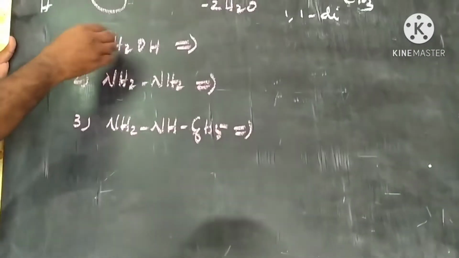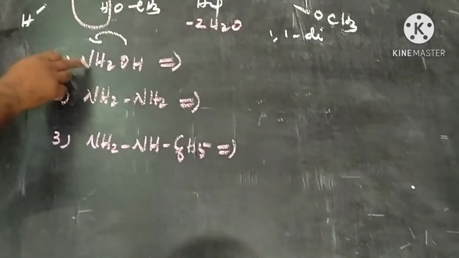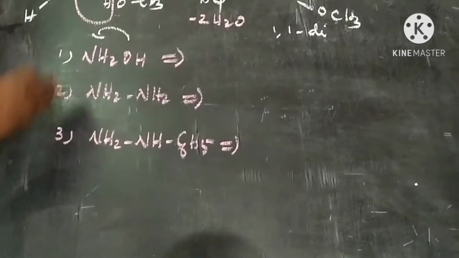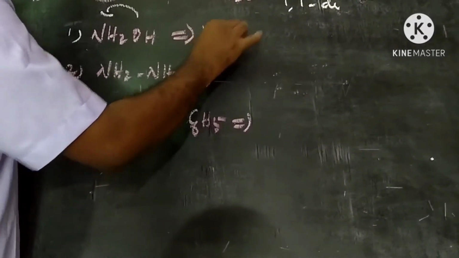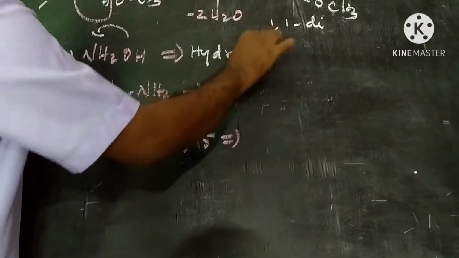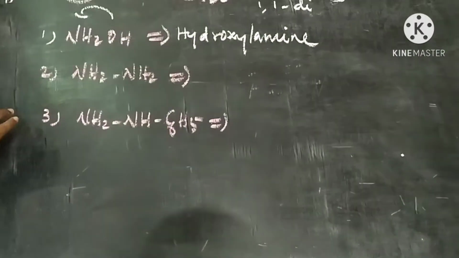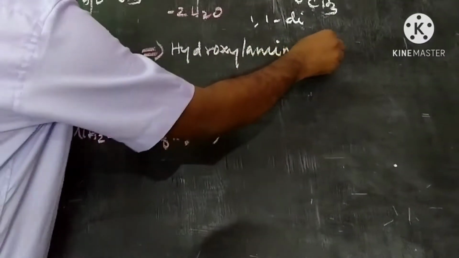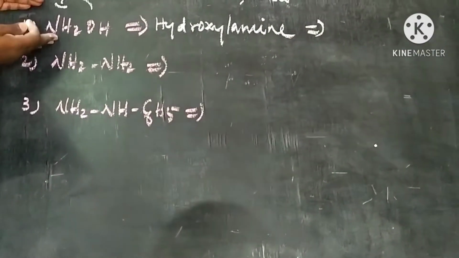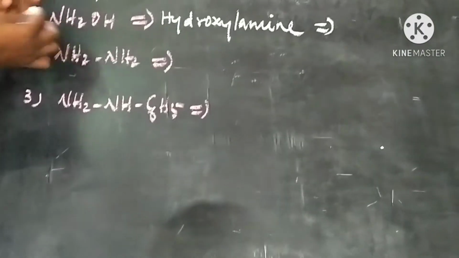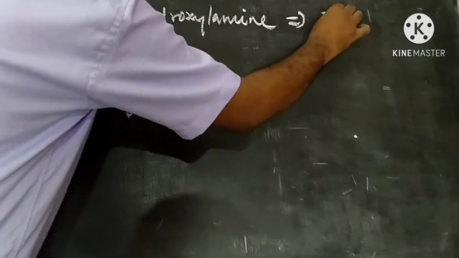The first one, hydroxylamine. NH2OH is the formula, the name is hydroxylamine. Hydroxylamine reacts with either aldehyde or ketone to produce oxime. That is the key point.